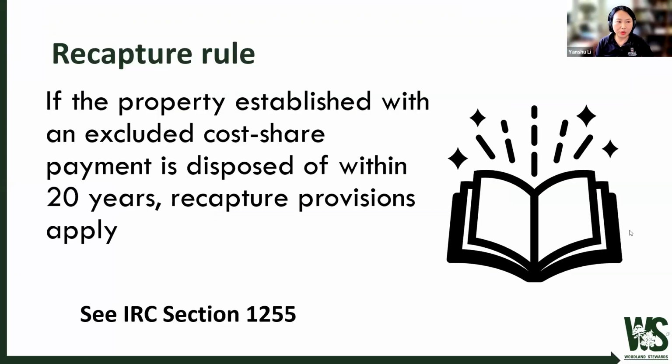And if you choose to exclude part or all of the cost share payment under Section 126, and then later on you dispose of the timber within 20 years, then there is a special recapture provision. So just keep it in mind.